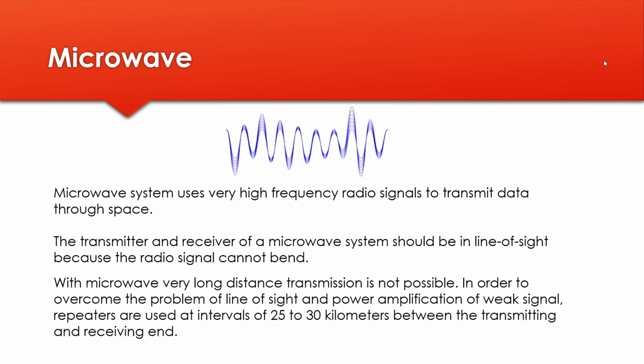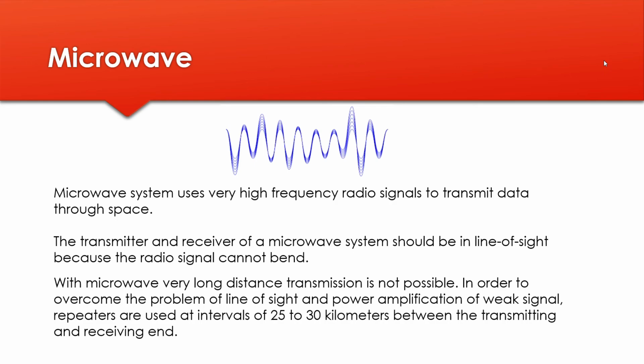Next is the microwave. A microwave system uses very high frequency radio signals to transmit data through space. The transmitter and receiver of a microwave system should be in line of sight because the radio signal cannot bend. With microwave, very long distance transmission is not possible.